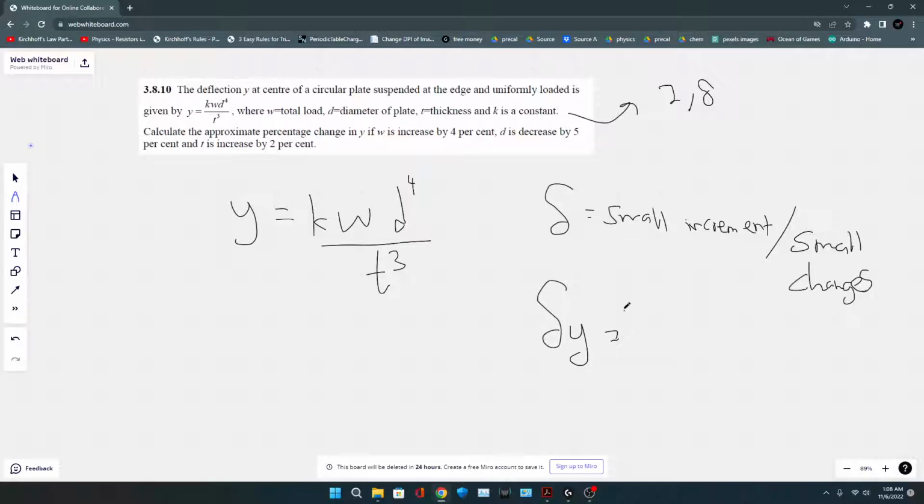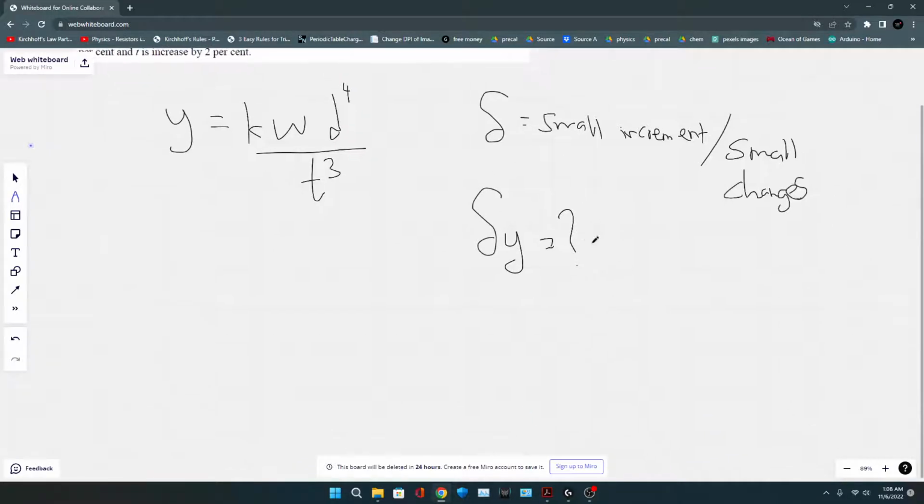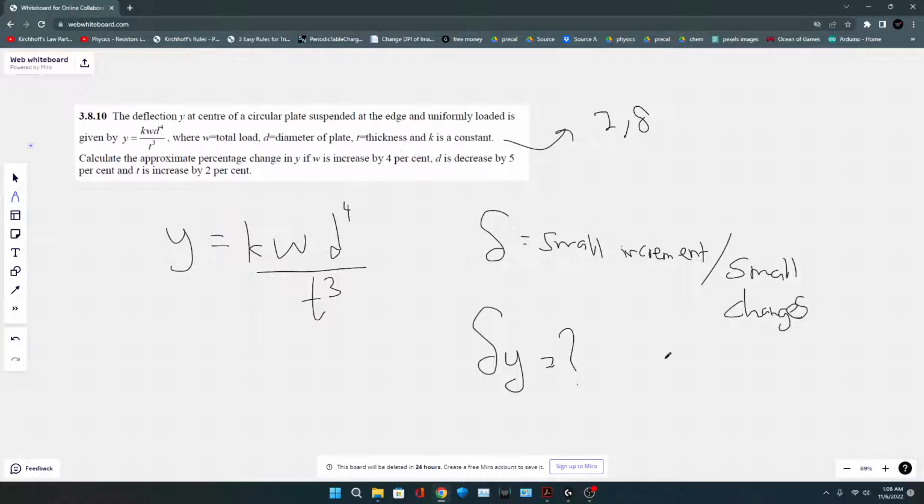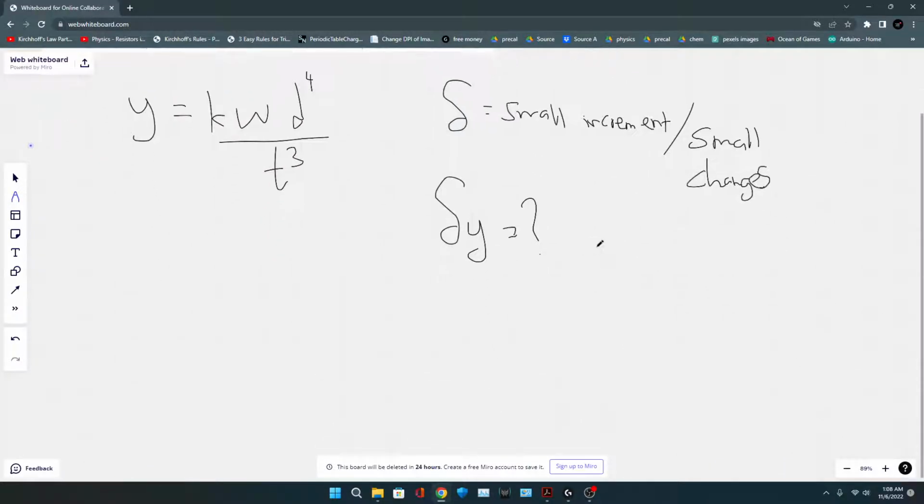Tapi bila dia cakap calculate the approximate percentage change in Y, maksudnya dia nak the small increment of Y when W is increased by 4%. So if W is increased by 4%, maknanya ada small changes kan. So maksudnya dia bagi kita small increment of W, which is 4%, so 4 over 100 lah.